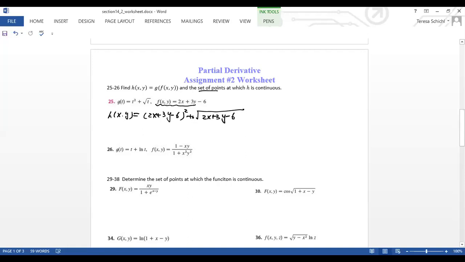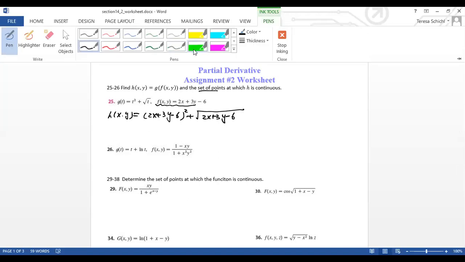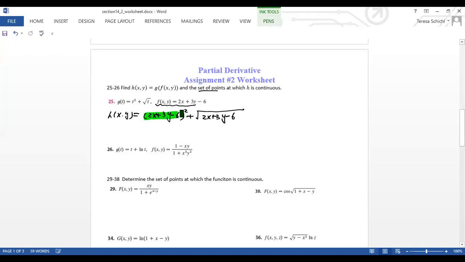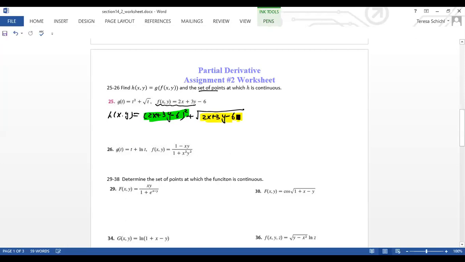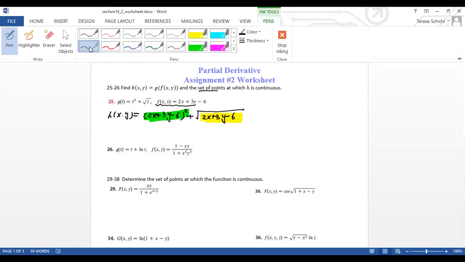All right, so if you take a look, this is the function h of (x, y). So where is it continuous? We know this term is similar to a polynomial term, so its limit exists and is equal to the function value. The only issue here is the expression inside the square root. Just like we say, if it's inside the square root, what do we need to do?